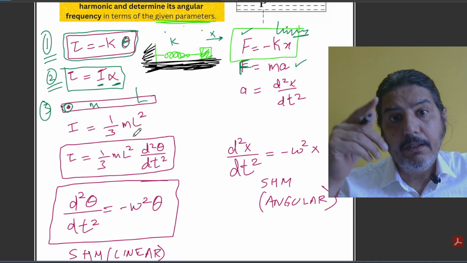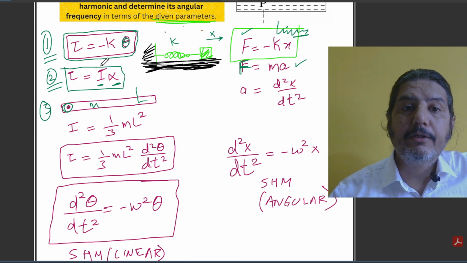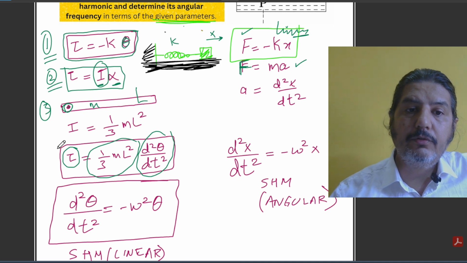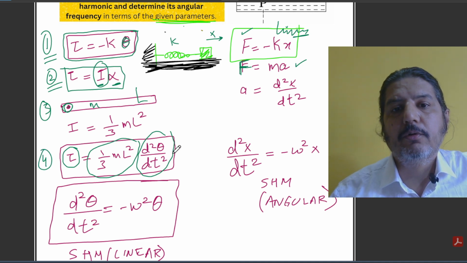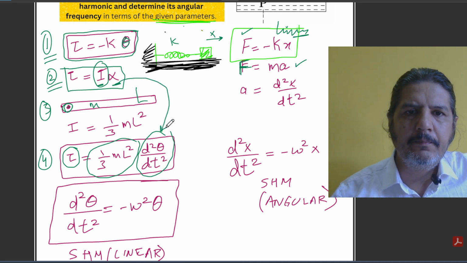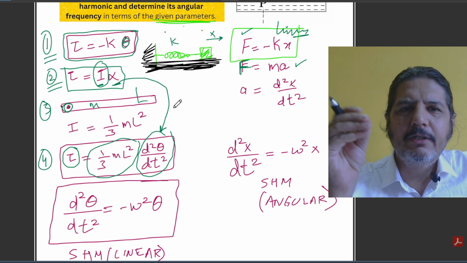Then, if I put the value of I as 1 by 3 ml square and the value of alpha is equal to d square theta by dt square, then I can also write the torque using this formula. So torque can be specified as 1 by 3 ml square into d square theta by dt square. Basically, this d square theta by dt square is the angular acceleration.